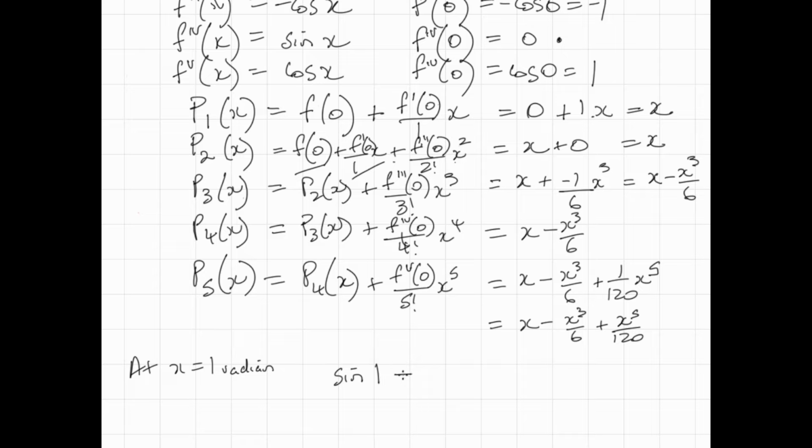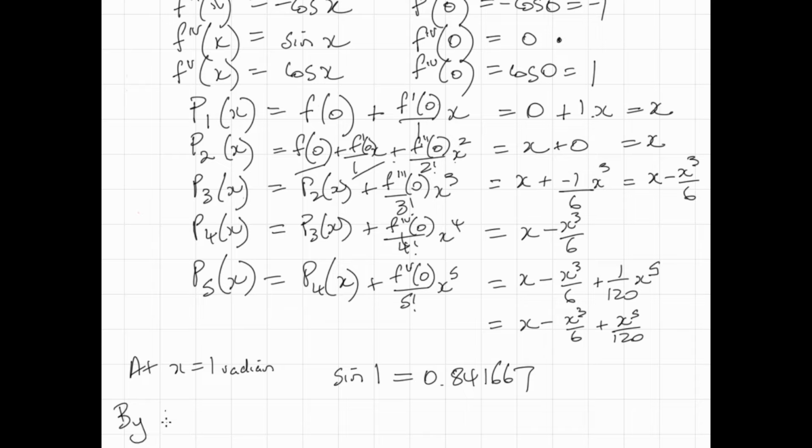Sine of 1, the actual true value, is equal to 0.841667. So that's the true value.